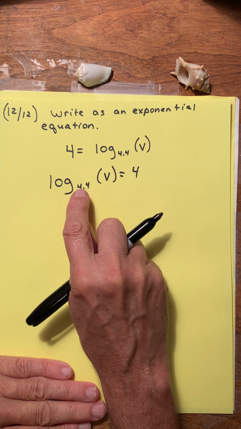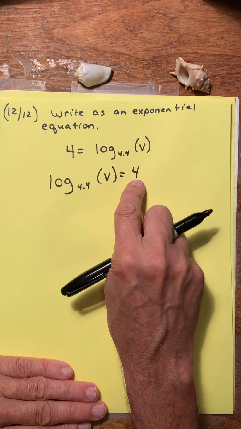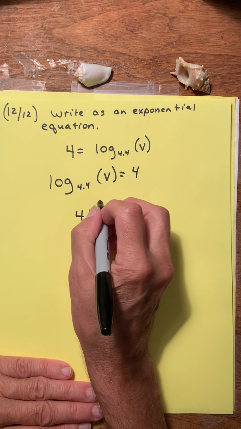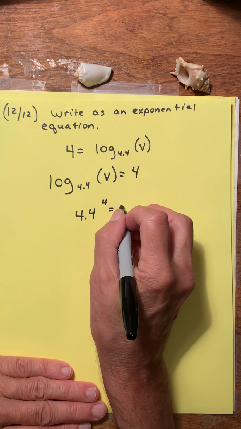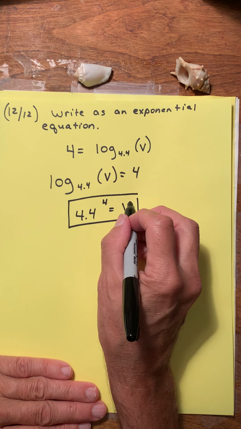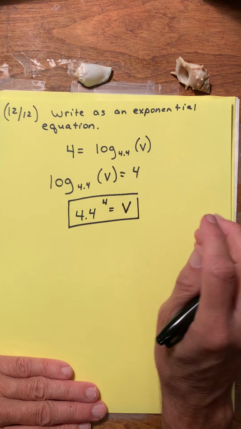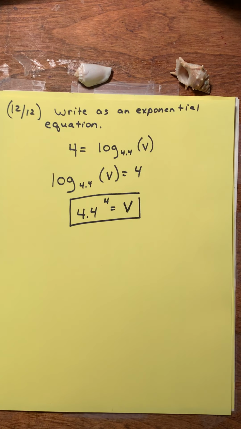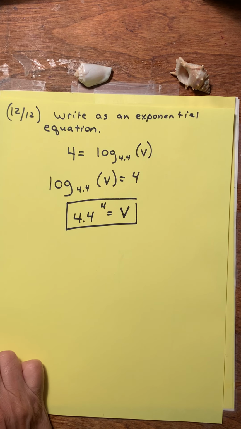That's the base. 4.4 to the 4th power equals v. And that's it. They don't want me to solve anything. They just want me to write it in exponential form, and that's all I have to do. All right, challenging section. Good luck as you work through your problems.